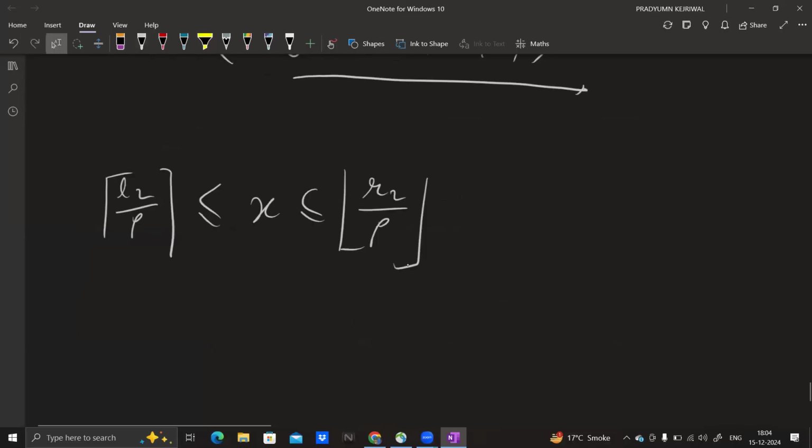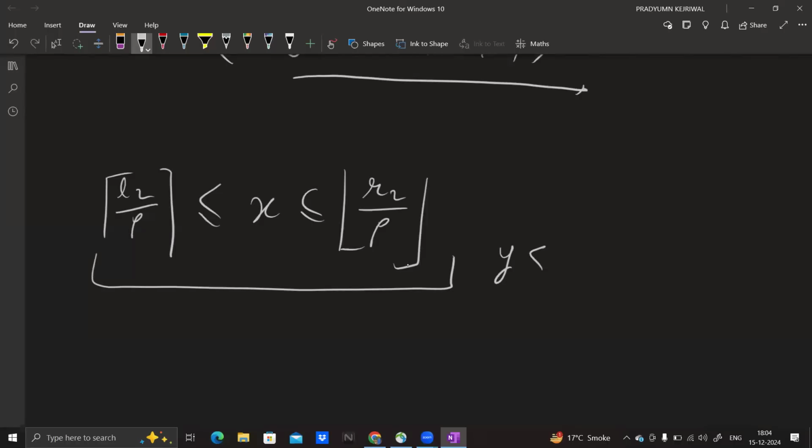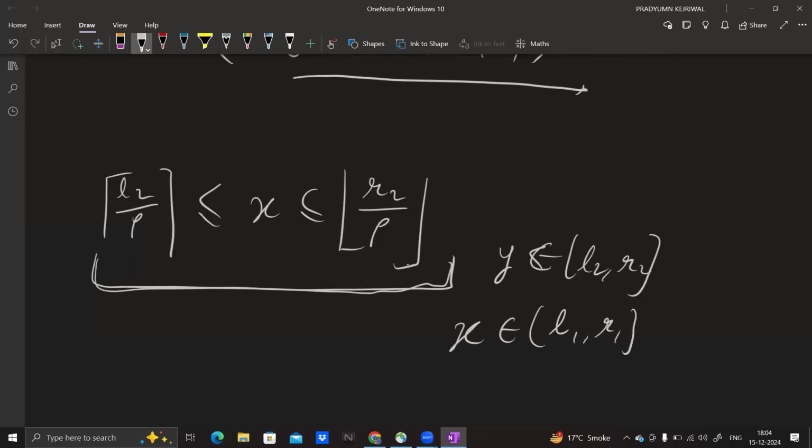So basically what we have is a range for x. From the condition that y belongs to L2 to R2, we got this condition, right? But we also have another condition for x, that x should belong to L1 to R1, right?